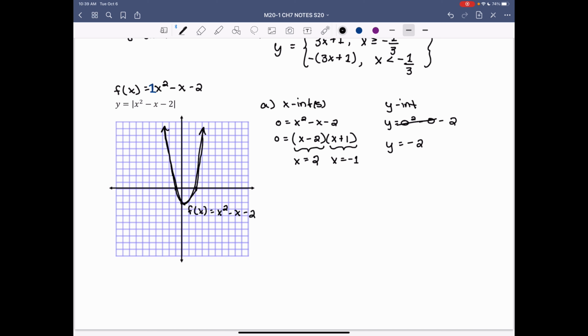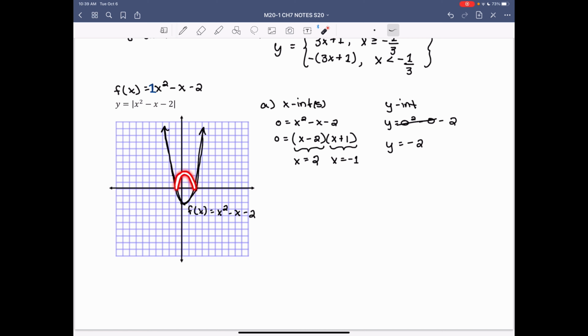How is the absolute value function going to look? The parts of f of x that are above the x-axis, so have positive y values, are going to stay the same. They're going to be exactly the same on our absolute value function. The portion of f of x that is below the x-axis, so has negative y values, is going to be reflected up so that it has positive y values.